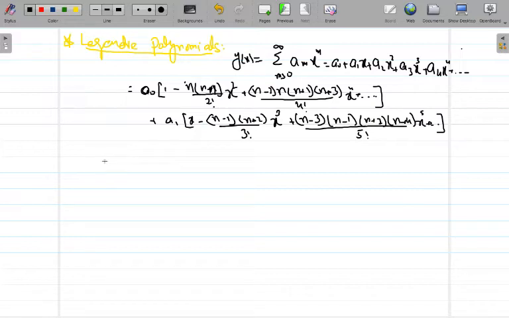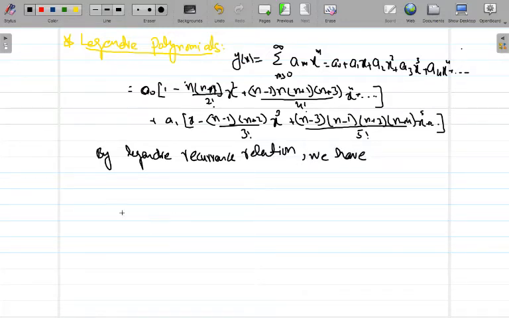So now we will use the Legendre recurrence relation.